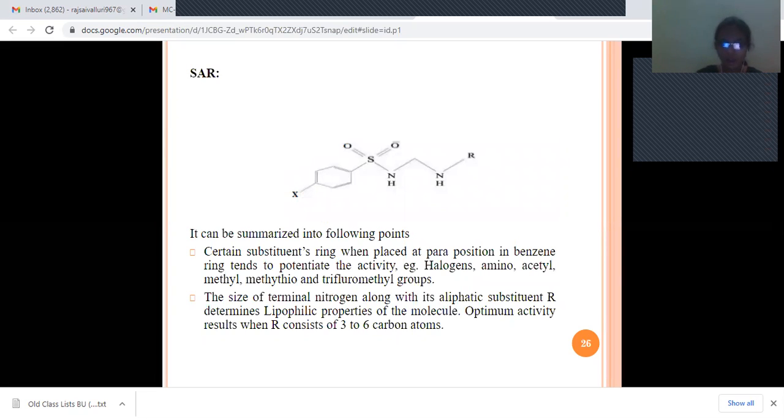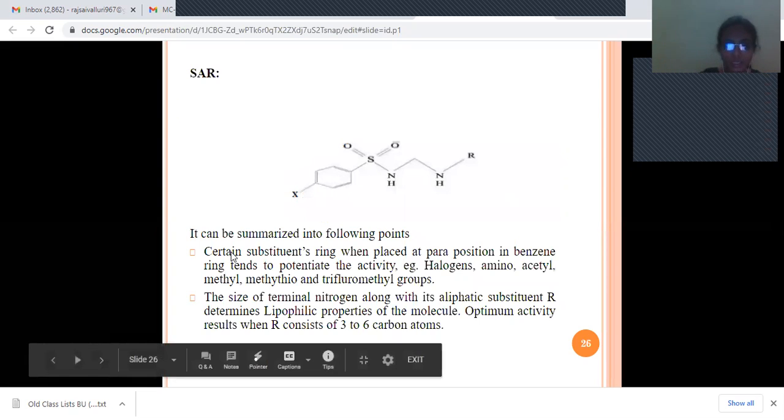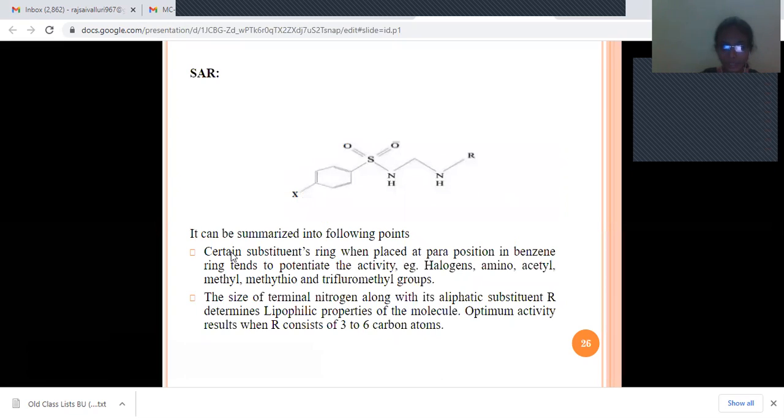If you see the SAR, it can be summarized like this. Certain substituents when placed at the para position in the benzene ring lead to potent activity, for example halogens, amino groups, methyl groups, methylthio groups or trifluoromethyl groups. The size of the terminal nitrogen along with the aliphatic substitution determines the lipophilic property of the molecule.